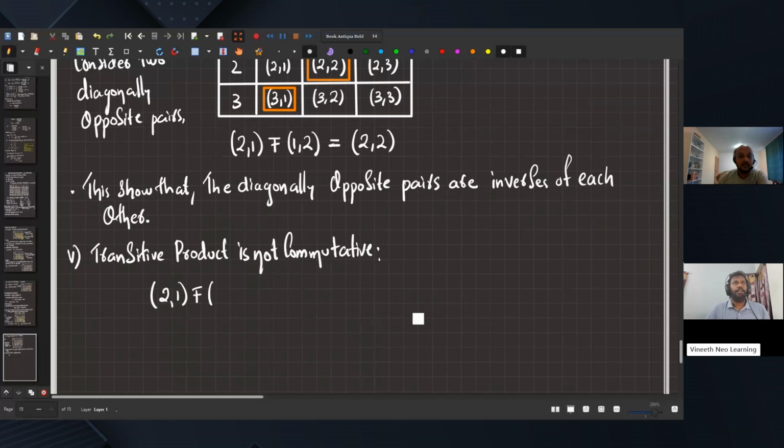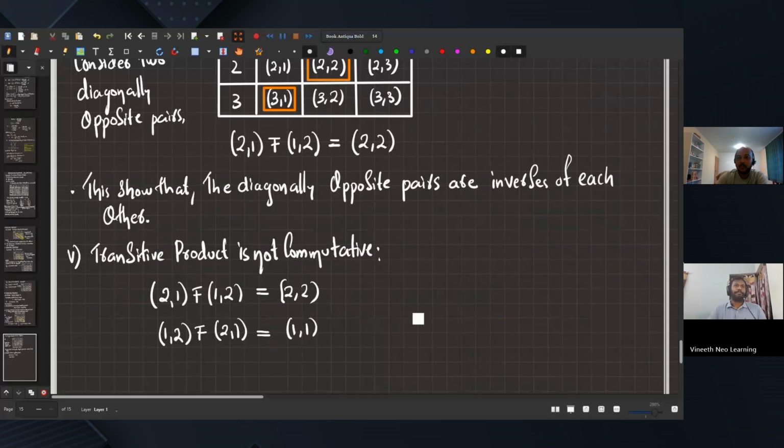When we multiply it with (1, 2), we get (2, 2). But if we reverse the order, (1, 2) multiplied with (2, 1), we get (1, 1), not (2, 2). Both of them act like identities, but they are not the same. This shows that it is not a commutative product.